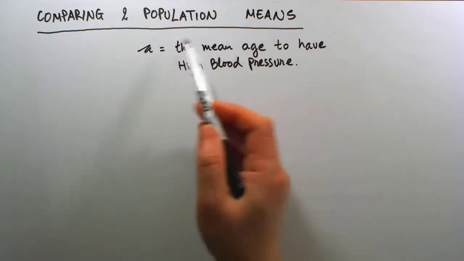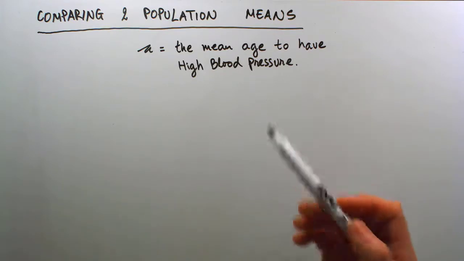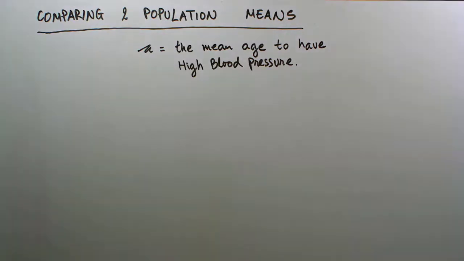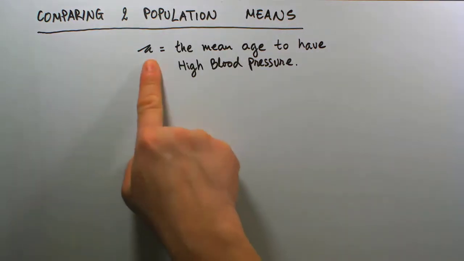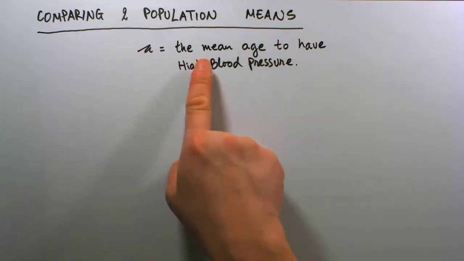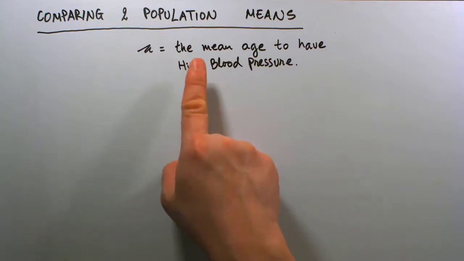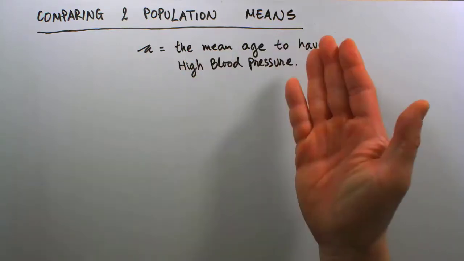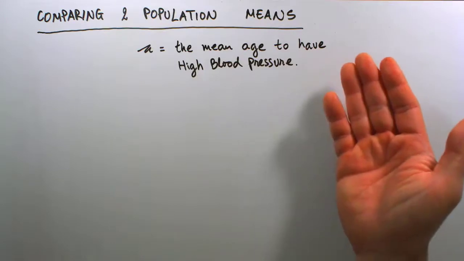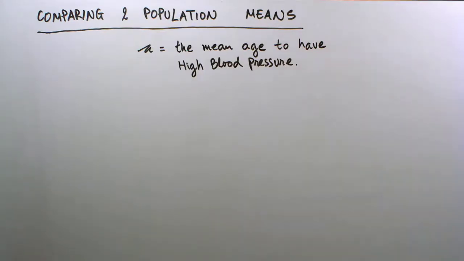This is only one quick little scenario that I'm bringing up. Right now it's simply one population mean value that we're looking into: the mean age for the entire population of people. Now let me bring up a further situation.